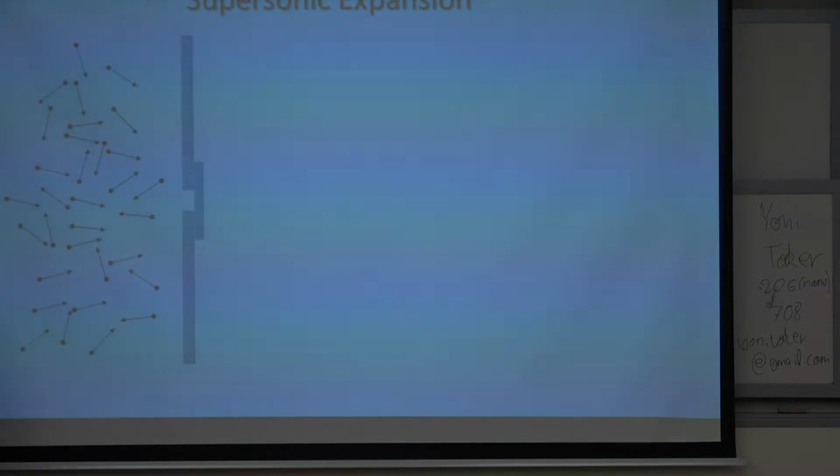And most of the experiments I'll show you now were done using a supersonic expansion ion source. So what is supersonic expansion? This is an example of the second way. So the first way is to take something big and break it down. The second way is to take small molecules and join them together.